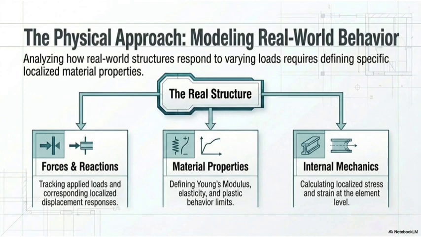The idea is to find the material properties, how these properties influence the behavior of the structure, and whether there is any relationship between force and the displacement that is produced.